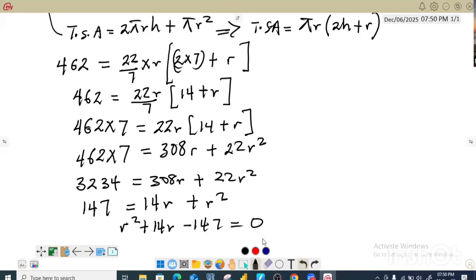So what are the factors of 147 that we can add together that will give us 14? One of them must be greater than 14 and positive.